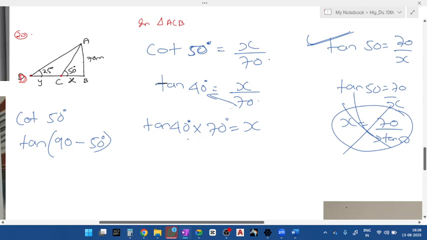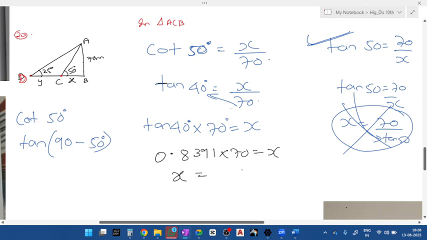Now find the value of tan 40, all of you. Look at the table. Open the last page in your textbook. Tell me tan 40. What is tan 40? 0.8391. Be quick, students. 0.8391 into 70 is equal to x. x is equal to what?